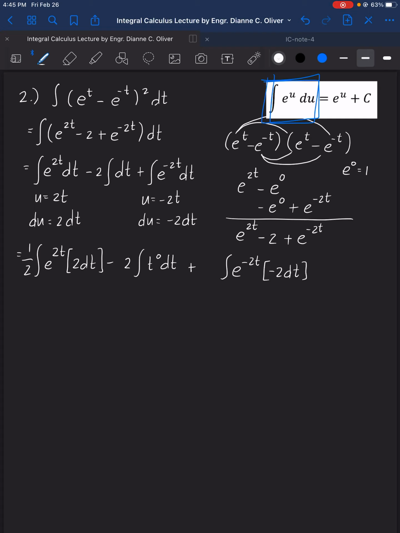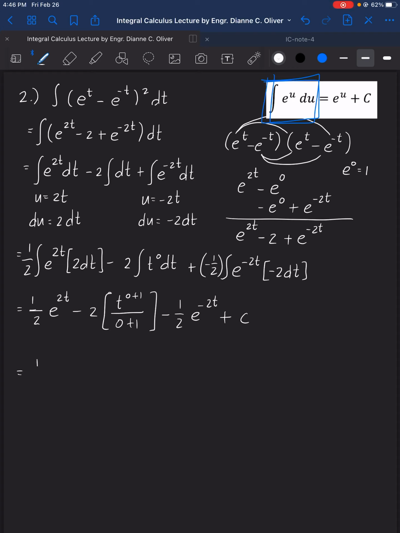Then let's put a negative 1/2 outside the integral sign. So this now becomes 1/2 e raised to 2t minus 2 times t raised to 0 plus 1 all over 0 plus 1, minus 1/2 e raised to negative 2t plus c.